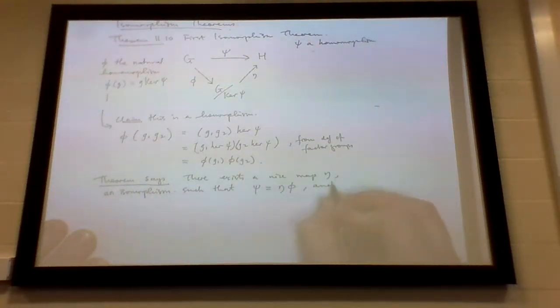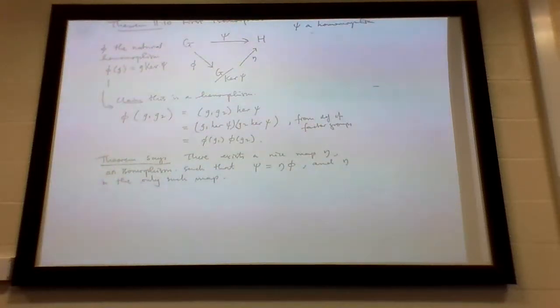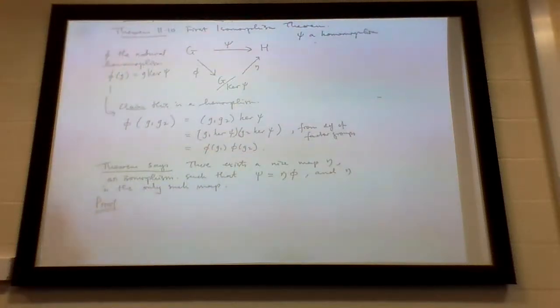And eta is the only such map satisfying this property. So the proof is to start off with the definition of eta.